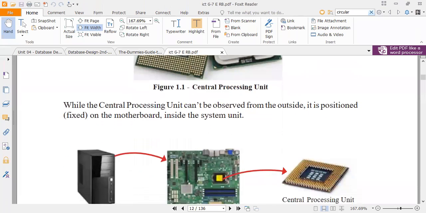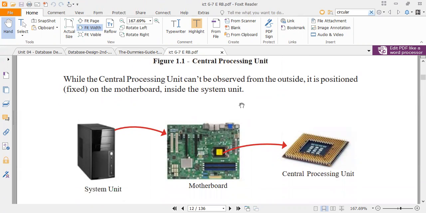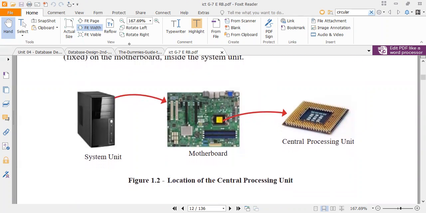Now, while the central processing unit can't be observed from the outside, it is positioned on the motherboard inside the system unit. I hope you can remember I told you this is the system unit, and this is, as I said, the motherboard, and this is the central processing unit.